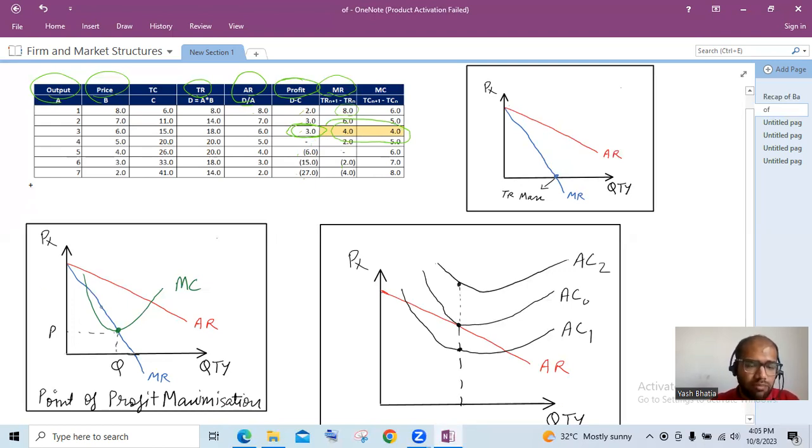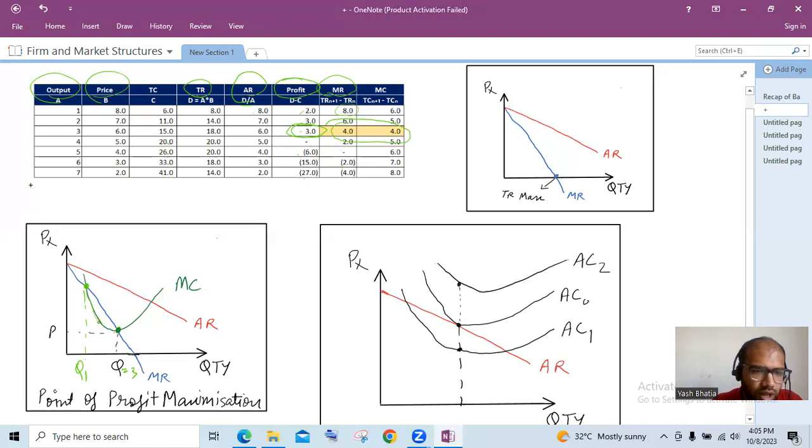So when we plot MC, MC is also again a U-shaped curve. Here at this point, the quantity is equal to 3 and our profit is maximum. Here you can see that the MR curve can cut MC at another level, but if the MR curve cuts MC at Q1, then there is additional profit, because you see the MC curve is going like this.